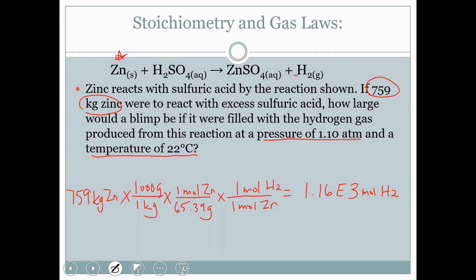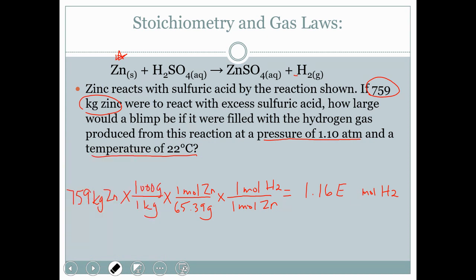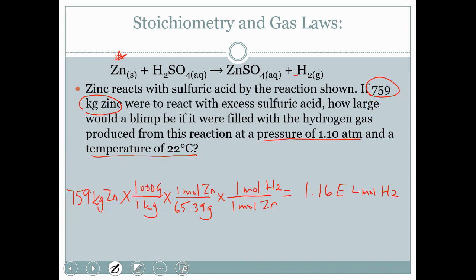And yep, I thought I remembered that. I must have not hit quite enough zeros. I did these problems earlier. And glad I double checked that because it was times 10 to the 4th moles of hydrogen gas. So we've got this many moles of hydrogen gas.